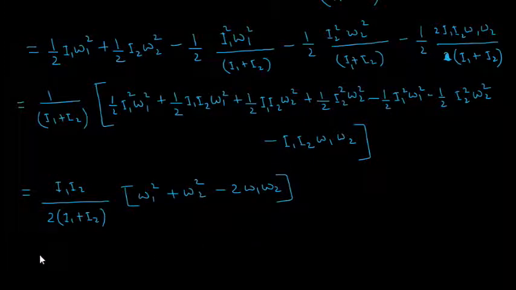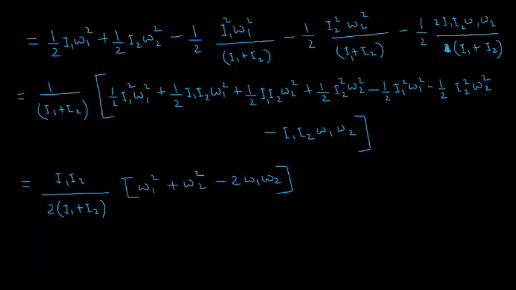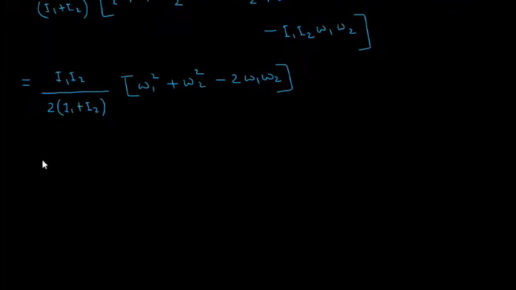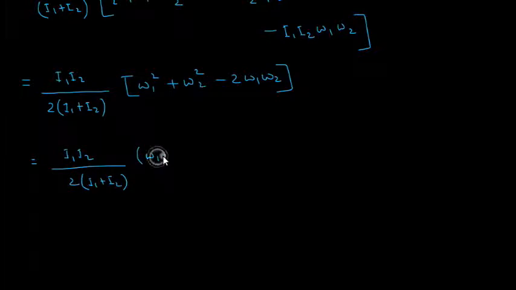So we can write here I1 I2 upon 2 (I1 plus I2) times (omega 1 minus omega 2) whole square.